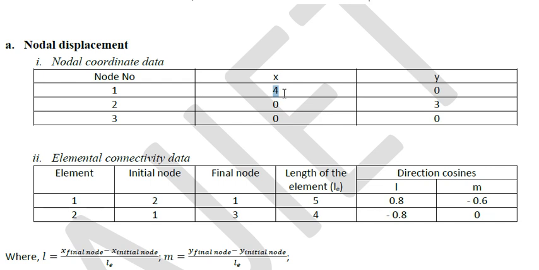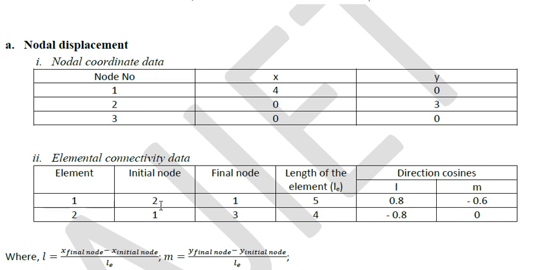X component of final node is 4, so 4 minus 0 by 5 length is 0.8. Similarly, 0 minus 3 means y final minus y initial, so 0 minus 3 by 5 is minus 0.6.